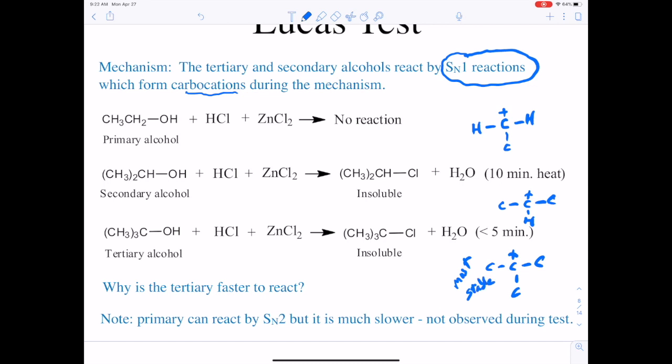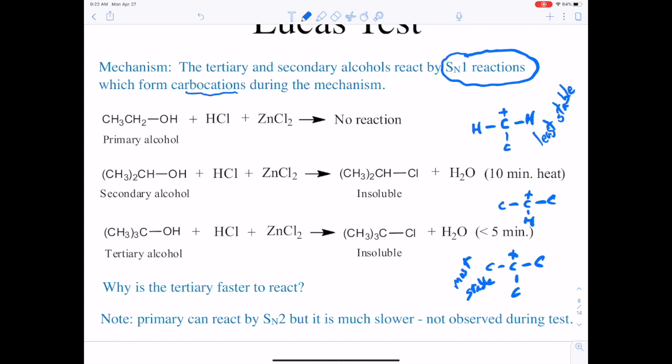Remember, tertiary carbocations are the most stable, primary are the least stable.